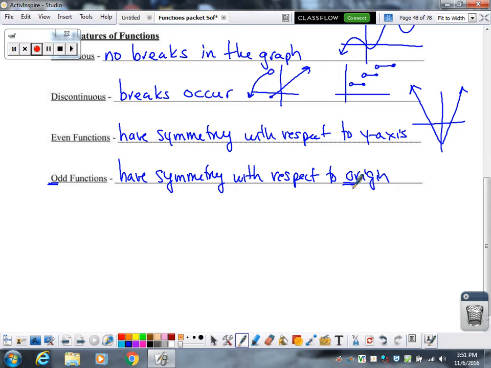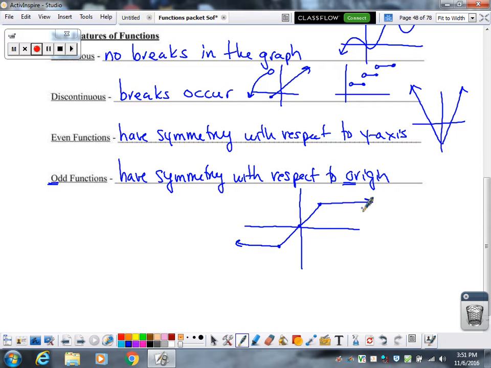Odd functions have symmetry with respect to origin. An example of that would look something like this, where we have a constant, then it turns into a linear, and it goes back to a constant. It should cross at the origin right there. So there's an example of a graph that has symmetry with respect to the origin.